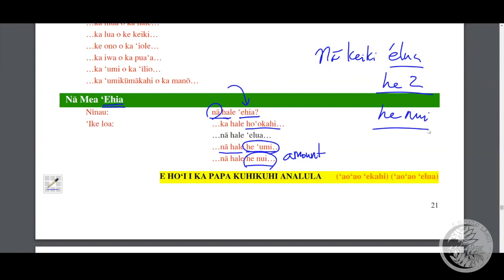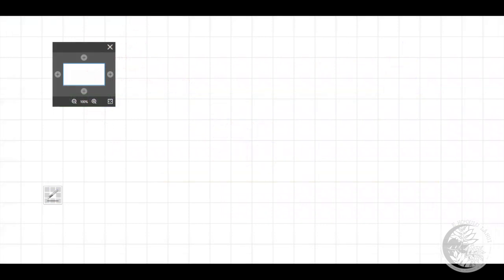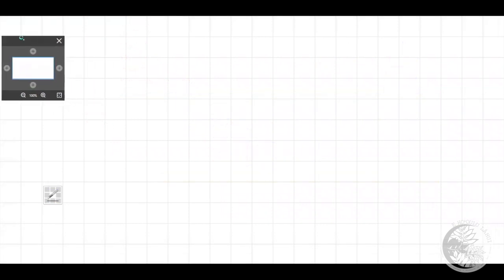Let's look at some examples. In Hawaiian, if I had the expression one house, and I'm talking about an amount, I'm not counting. If I'm counting, I'll say ekahi. But if it's an amount, I would say ho'okahi hale.